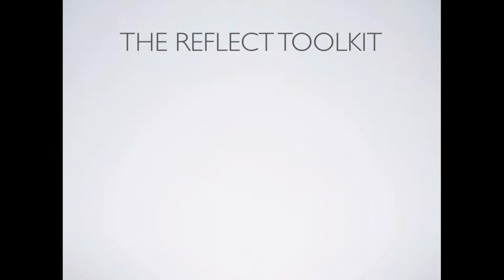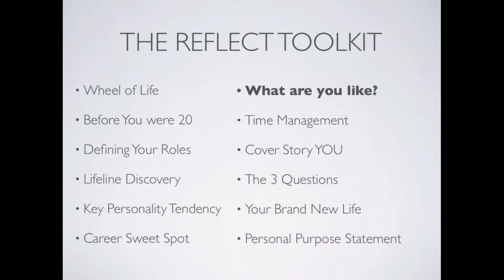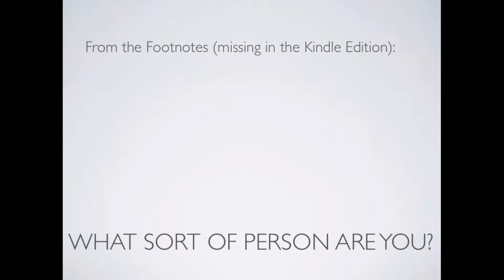Same thing is true with Business Model U. Okay, within the reflection process, there are many tools and techniques. Again, not going to go over all of them here, but I would like to highlight one of them. I've called it here on the bullet points, what are you like? The actual name is what sort of person are you?